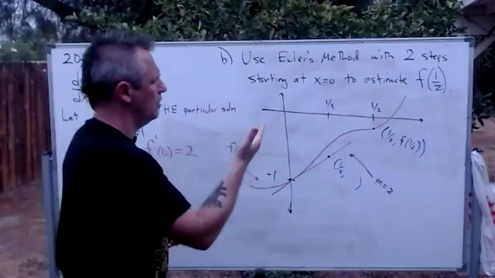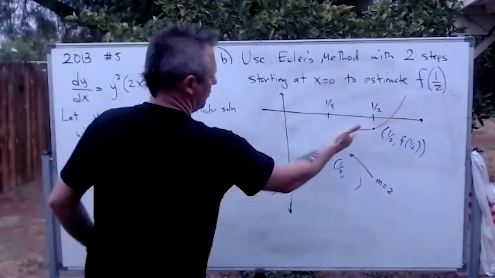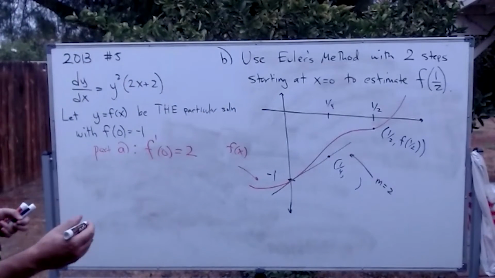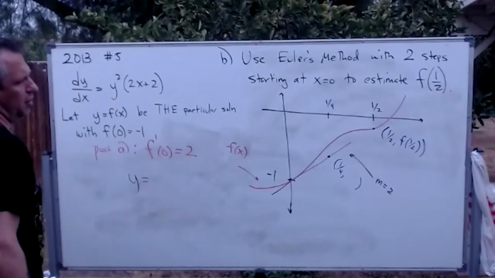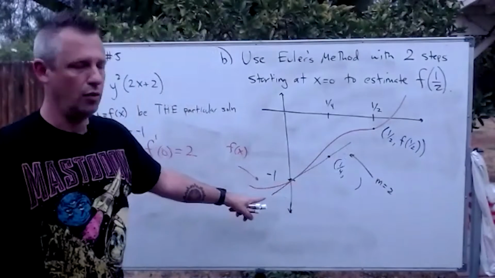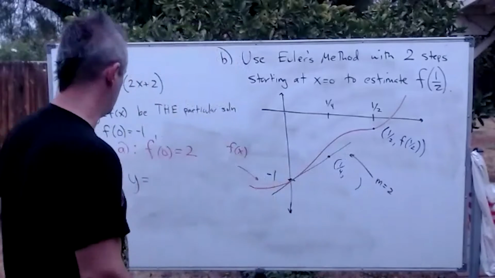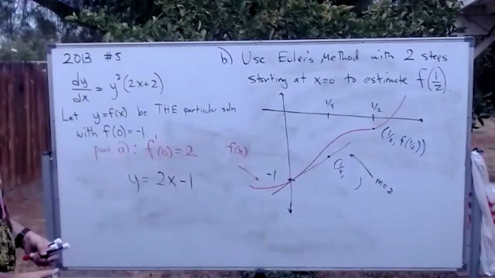Okay, so how do we find out what this point is? Well, that's pretty easy. We actually know the equation. We can find the equation of this brown line. In this case, it's really simple because we know the y-intercept, and we know the slope. So it's y equals 2x minus 1.